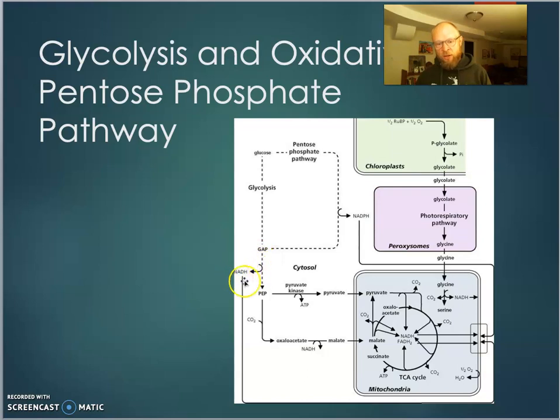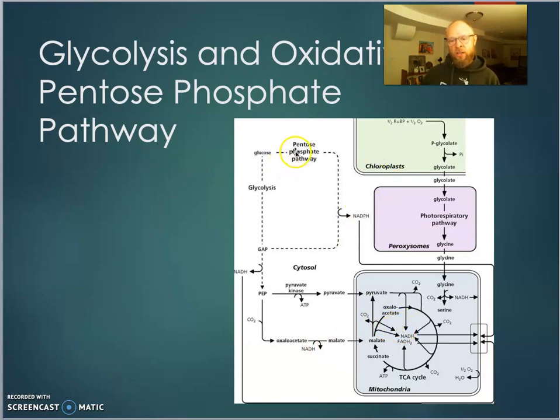There is some energy produced in the form of NADH. That NADH, the arrow got cut off, but this arrow goes around and points to this small black box here. That small box is where electron transport is happening. But again, glycolysis can produce either pyruvate or malate, which can enter the TCA cycle.